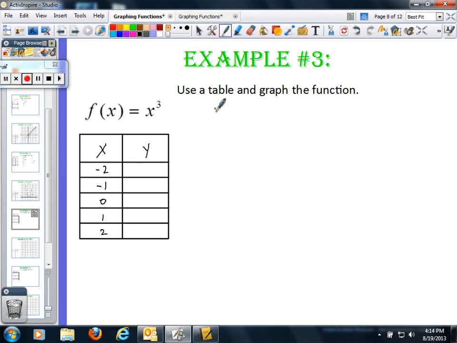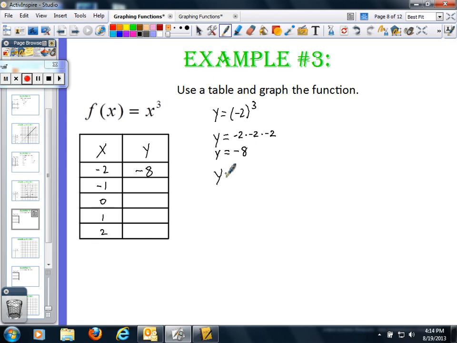So we have y equals -2 to the third power. That would be the same thing as -2 times -2 times -2, which means y equals -2 times -2 is +4, and +4 times -2 is -8. So this is going to be -8.